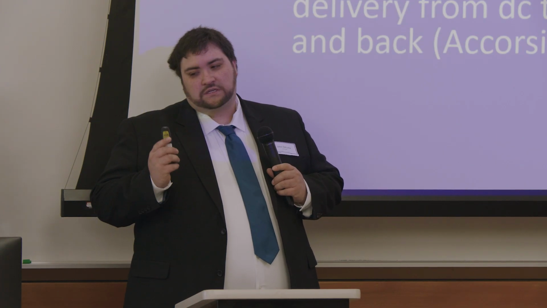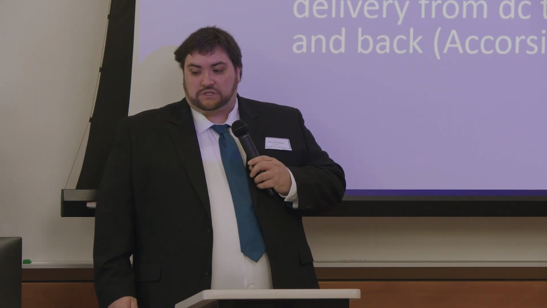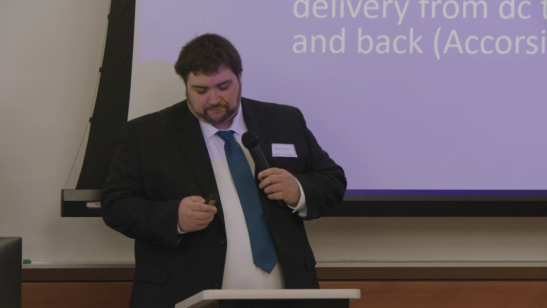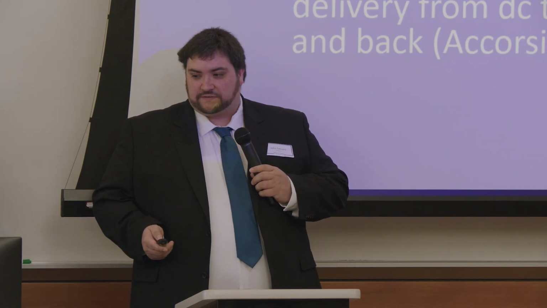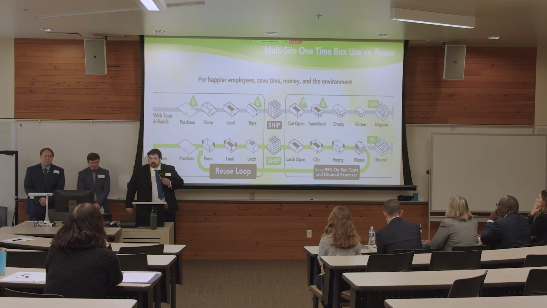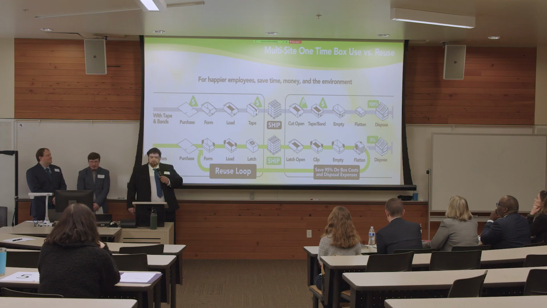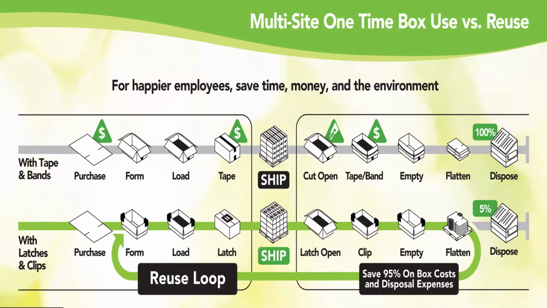thus eliminating a lot of the transportation costs. From there, the company can use a closed-loop packaging network to bring the products from the distribution centers to the stores themselves. What that looks like is a reuse box system. As you can see on the top, a lot of companies will buy their packaging materials, load them up, ship them, open them up, and then flatten and discard with 100% waste.